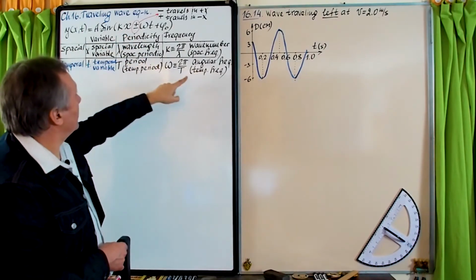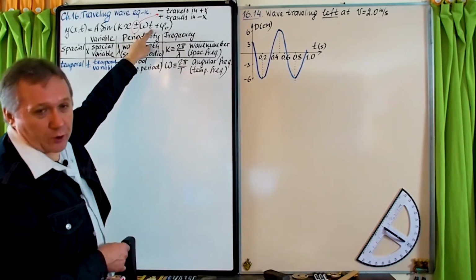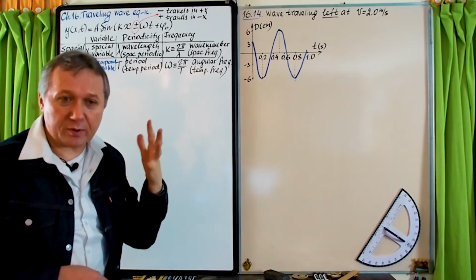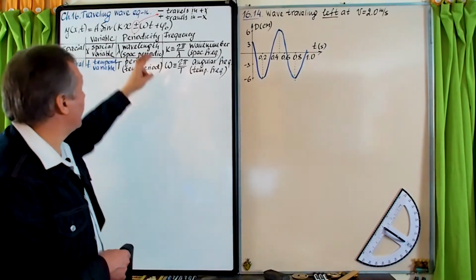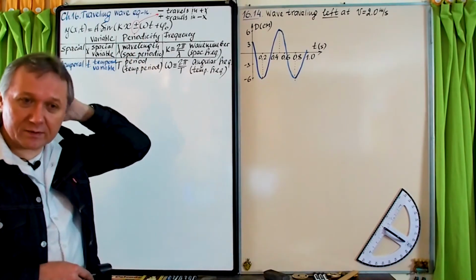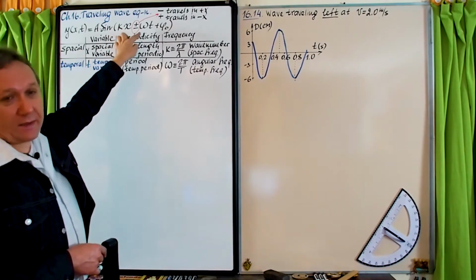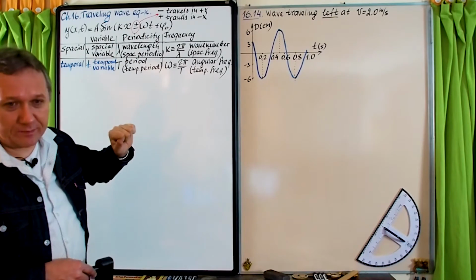Then temporal frequency stays next to the temporal variable. So it means that all information about the wave in time can be found in omega t, right? Then plus minus between these two terms.